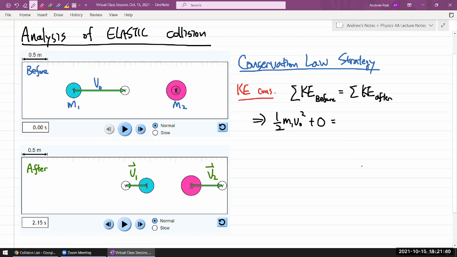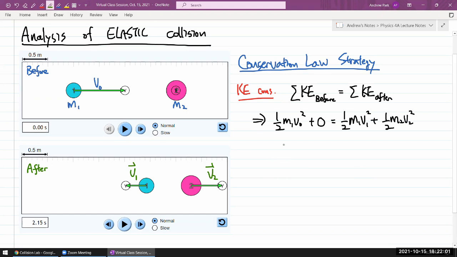After the collision, you'll have these kinetic energies. Kinetic energy of m1 is going to be v1 squared, so I guess for now the sign doesn't matter: 1/2 m1 v1 squared plus the kinetic energy of m2, 1/2 m2 v2 squared.